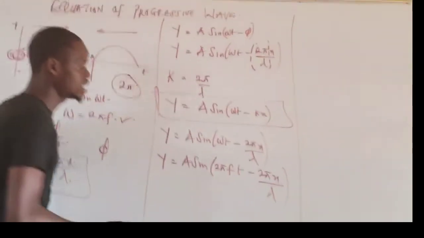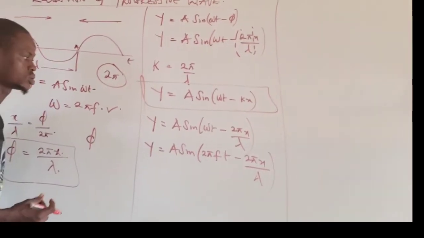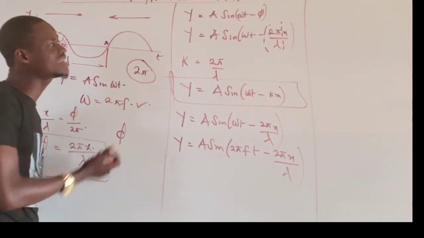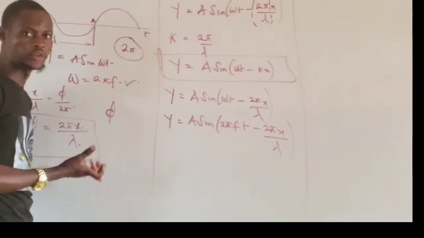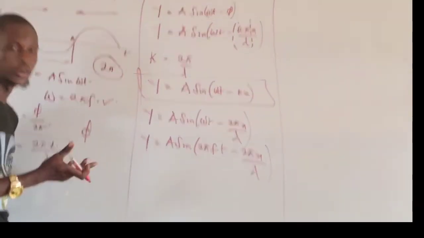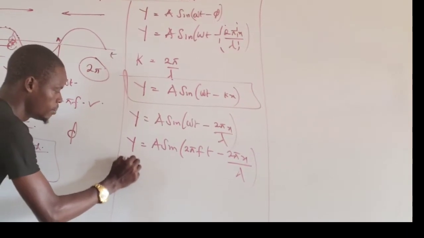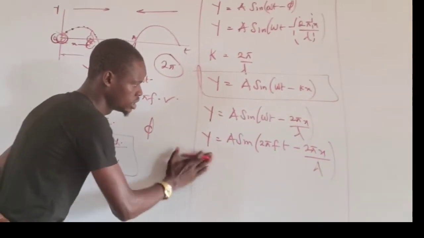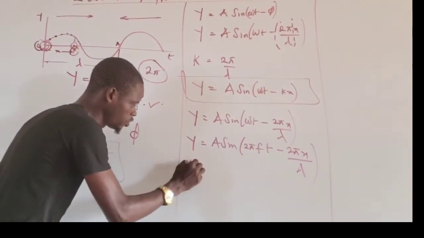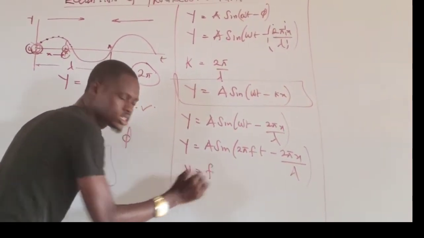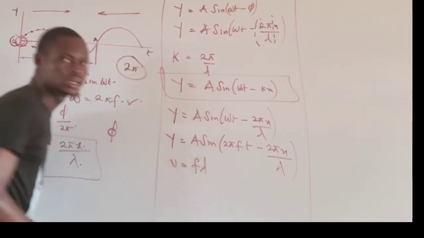Now from here, we can quickly get something out. What can I get out from this? I can write this in terms of speed. We write this equation in terms of the speed of the wave that is moving. Then from here, let's use v for the speed of the wave. v equals the frequency of the wave times the wavelength.